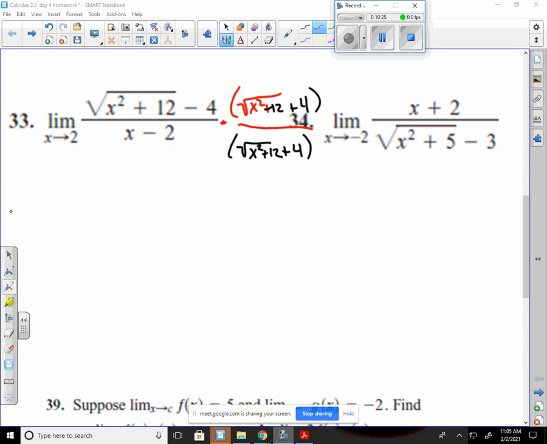I'm going to leave the bottom the same for now in its factored form. On the top, that's going to give me x squared plus 12, and then negative 4 times 4 is negative 16. On the bottom, I still have x minus 2 times all of this noise.